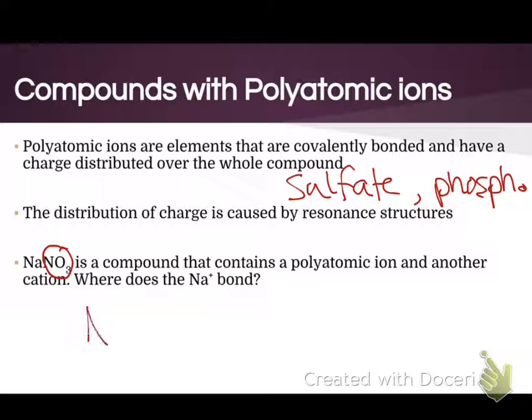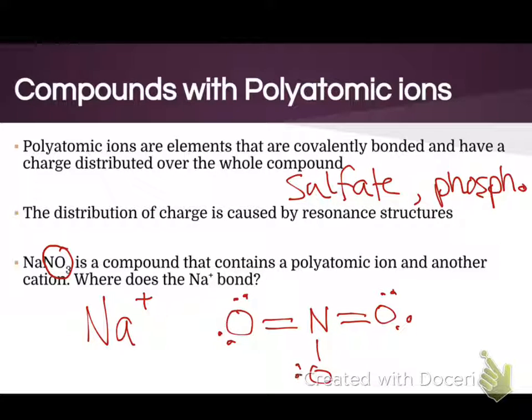So that's why we don't draw Lewis structures where the Na shares electrons with any particular part of the nitrate, because it kind of cruises all over the place, really. Okay, so this is probably the best way to represent the Lewis structure for this compound. It's two completely separate particles, rather, not molecules.